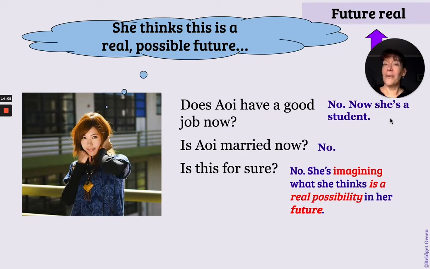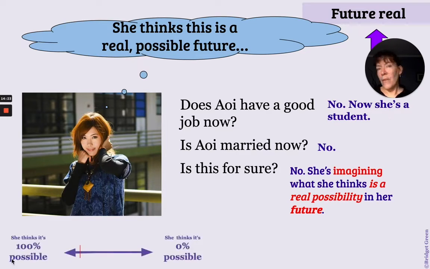Nice to meet you, Aoi. If we think something is 100% possible, 0% possible, the conditionals are going to appear along this line. She thinks this is not 100%, but possible. She thinks this is possible, so she uses the future real.